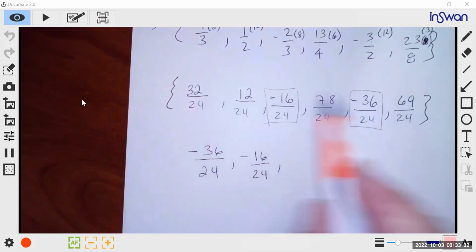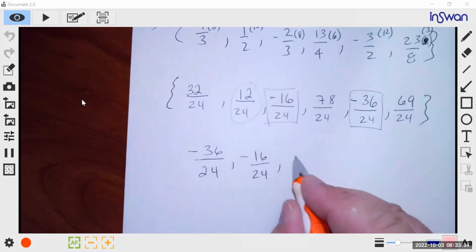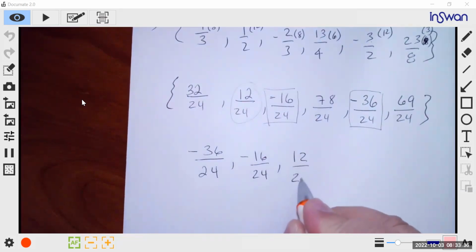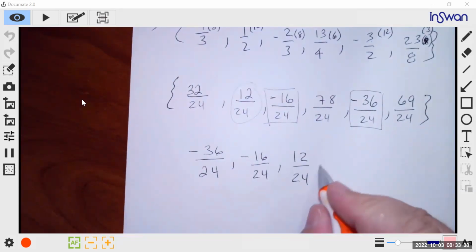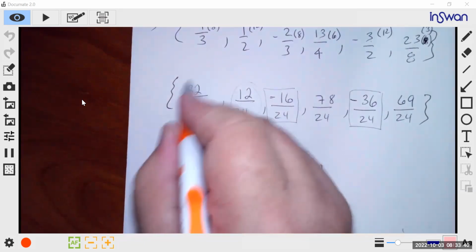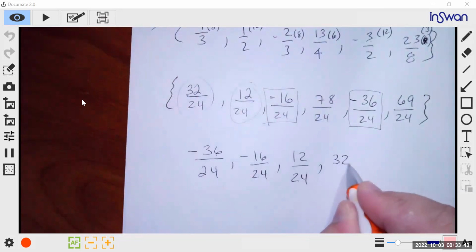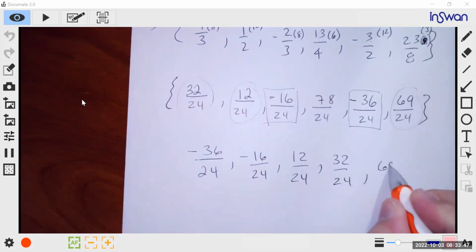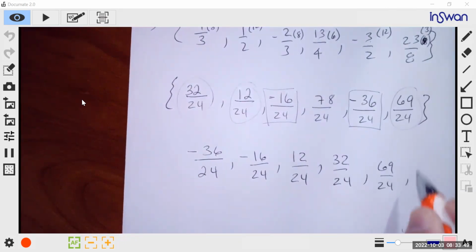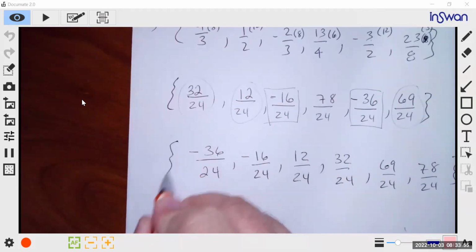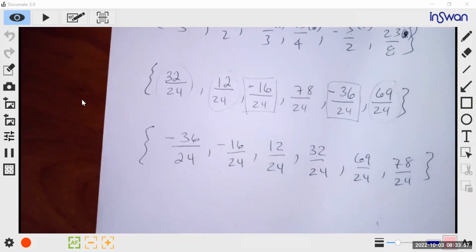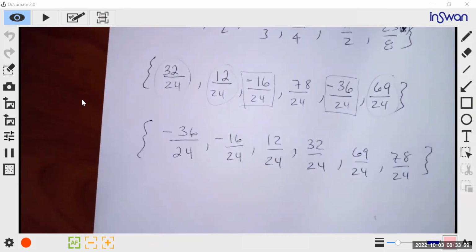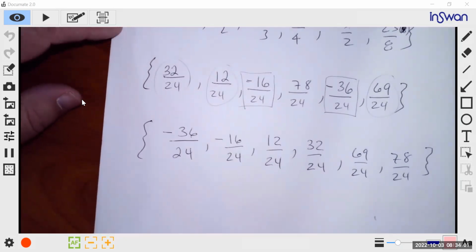And of the positive numbers, the smallest number is 12, then 32, then 69, and then lastly 78. So there they are in increasing order.